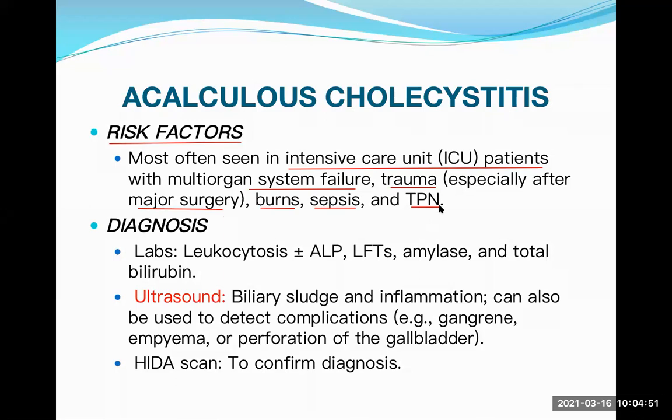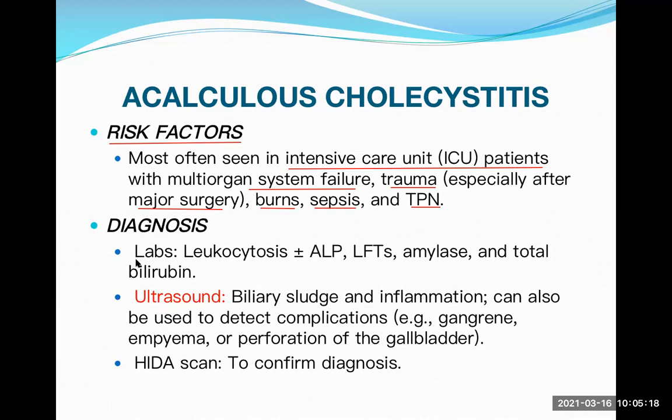The common link between these risk factors is that the patient is seriously ill or sick, and during that time the patient is immunocompromised as well. After that, there is migration of bacteria from the GI tract, which are normal commensals, into the system, and they can cause cholecystitis as one of the affections.